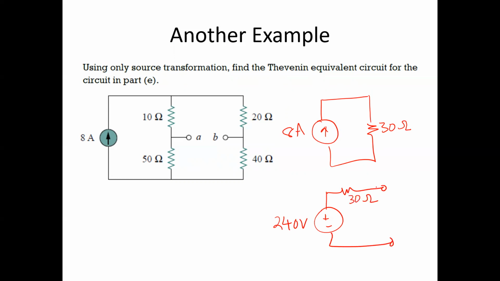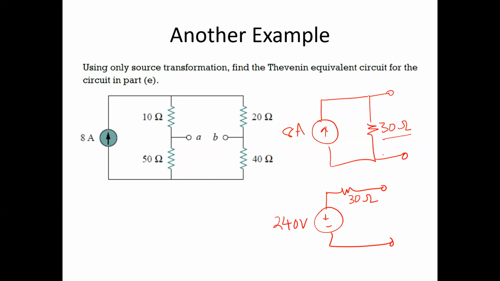The problem is that in this problem, I didn't specify across which nodes you needed to find a Thevenin. And what you needed to realize was that the Thevenin I've just drawn here on the slide is not the Thevenin between A and B, because A and B slice between the 10 and the 50 ohms. So the moment I combine all these resistors together and generate 30 ohms, I've lost both nodes A and B. So what nodes does this correspond to?